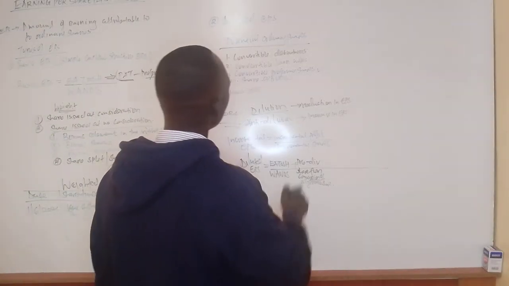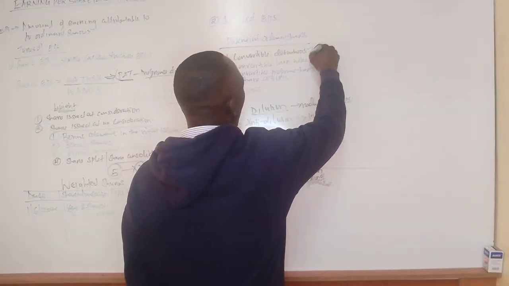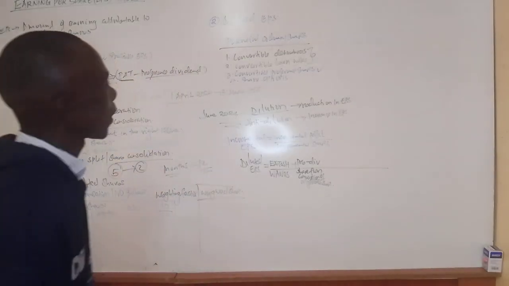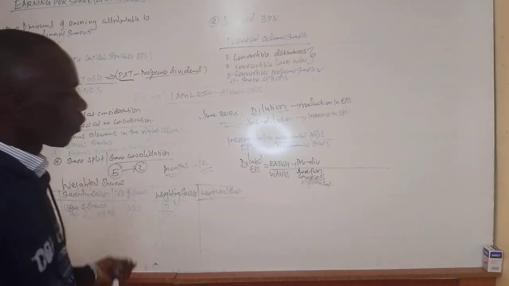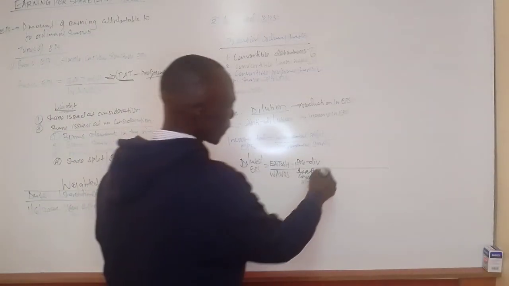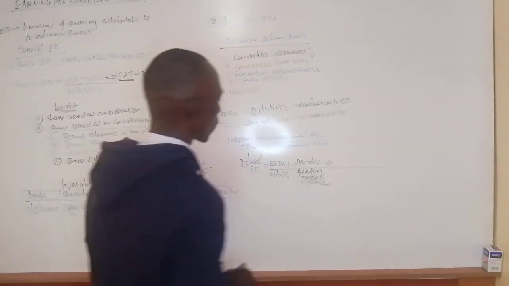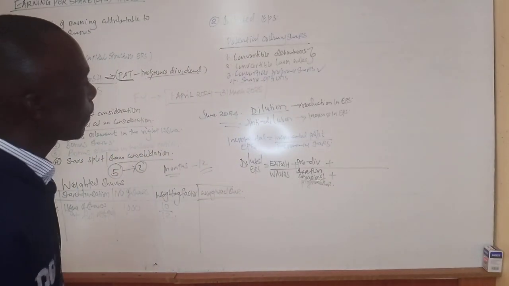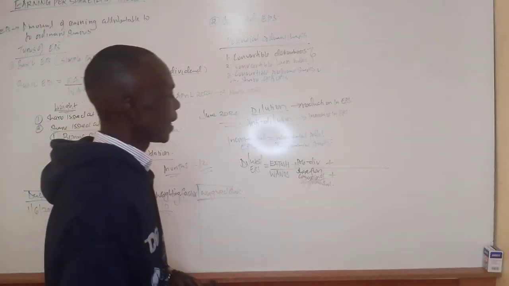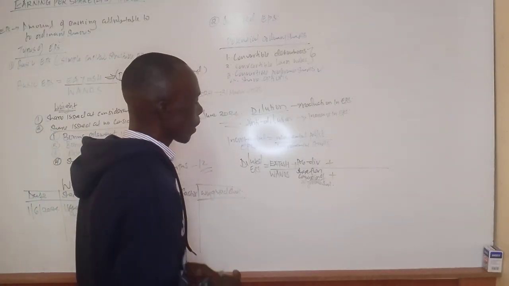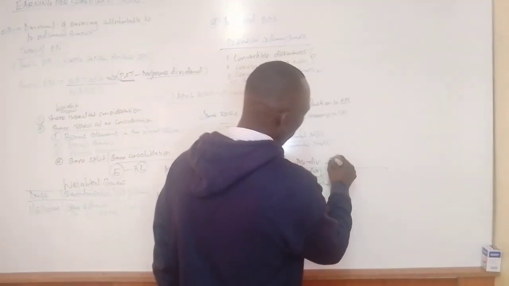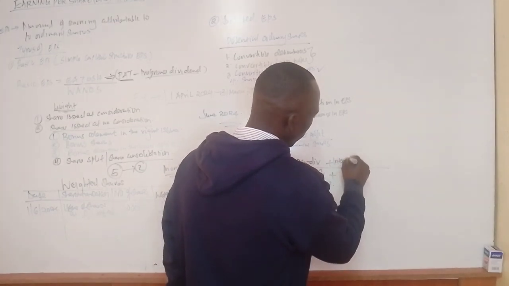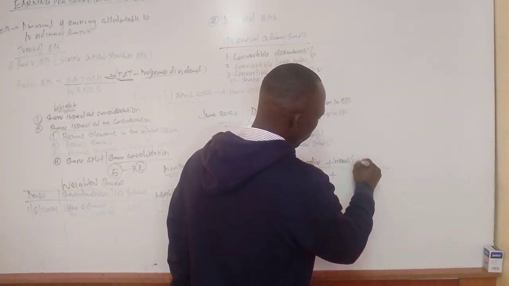Then number 2, we can talk about what we call the convertible debentures or convertible loan stock. For the case of the convertible debentures or convertible loan stock, our incremental profit will come from the interest. And normally when we talk about the interest, it will be the interest net of tax.